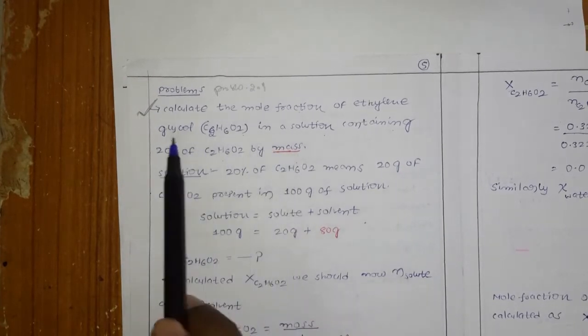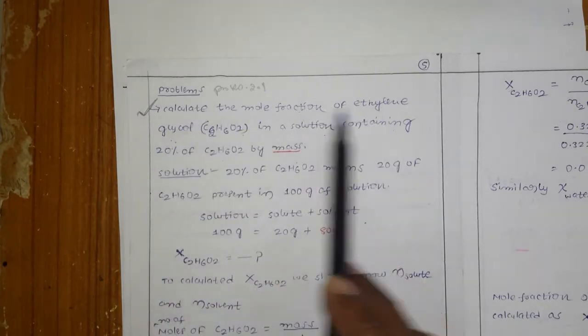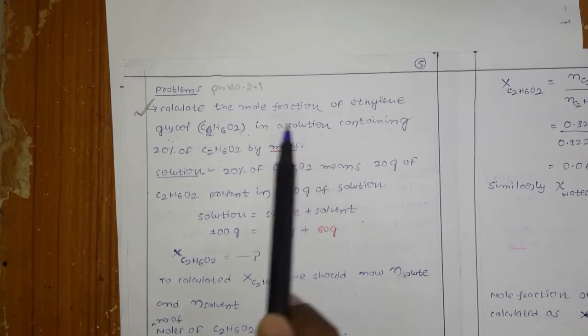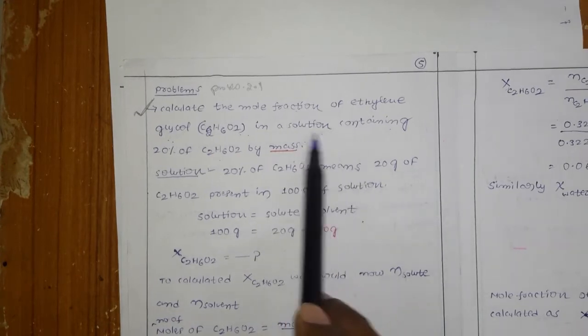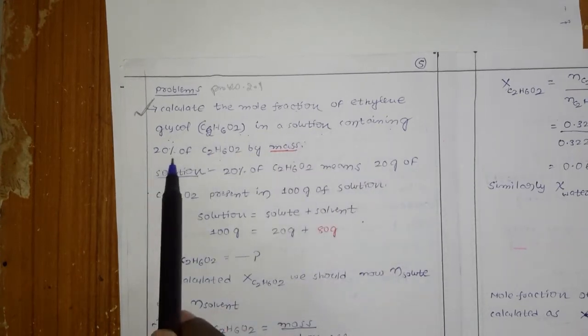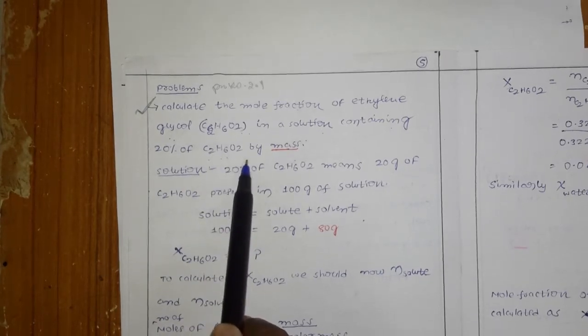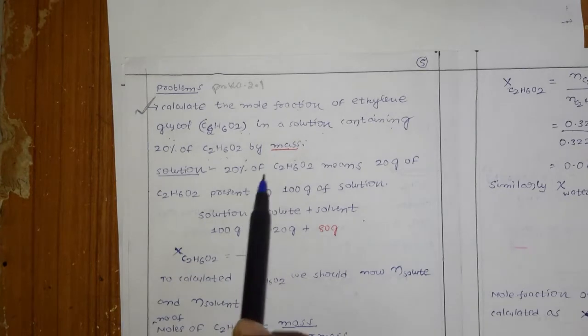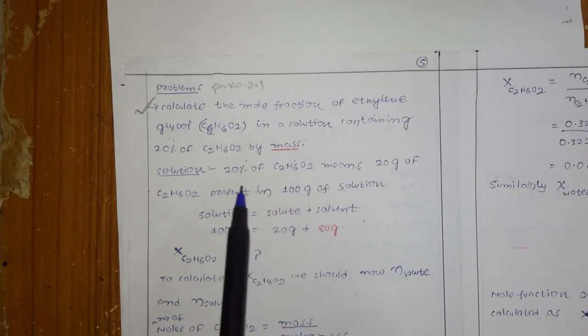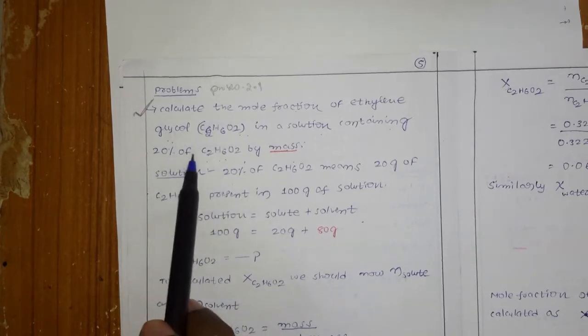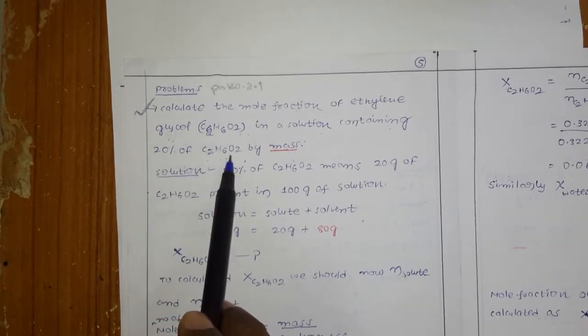So he is asking us to calculate the mole fraction of the ethylene glycol in the solution. The solution contains 20% of ethylene glycol by mass. Mass means you have to take it as mass by mass percentage.